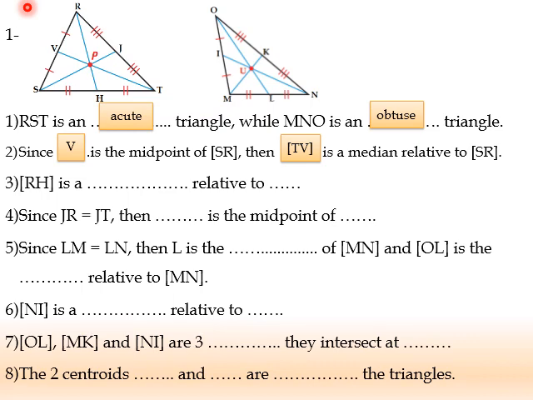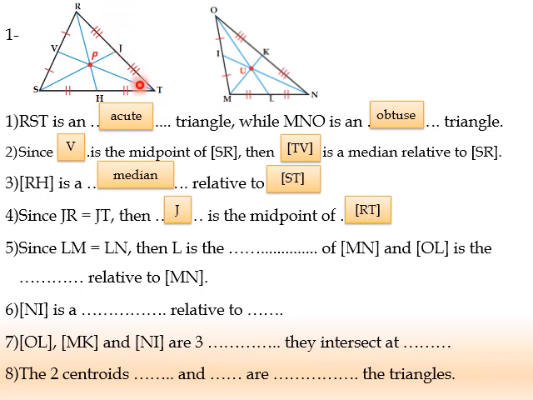Now, RH is a median relative to ST, since H is the midpoint of ST and RH is a median issued from R to the midpoint H of the segment ST. Now, since JR equals JT, then J is the midpoint of RT.